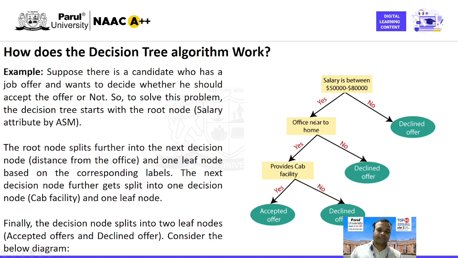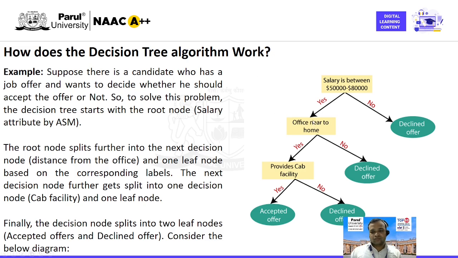Again, we have a new node where we can take a decision. You can say the root node is split further into the next decision node. The next decision node, that means the next parameter, is distance from the office, and one leaf node based on the corresponding labels.